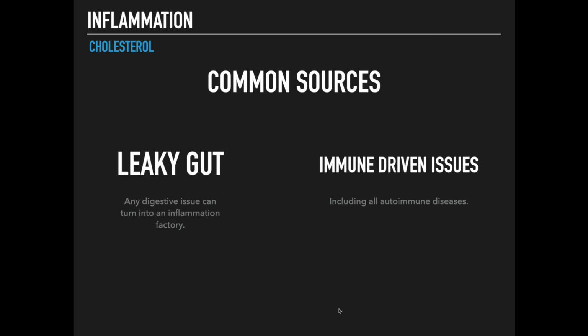Common sources of inflammation. This will be the last thing we go over, part 1. The first 2 places people are always going to look here are leaky gut or digestive issues, or immune-driven issues. Leaky gut issues or any digestive issue, usually dysbiosis, that has led to chronic inflammation in the gut.